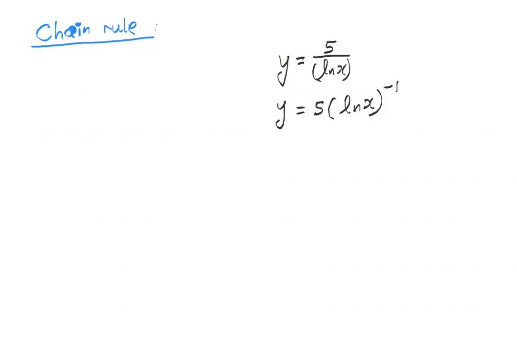It must be a function of this form. A number, when I say a number, I refer to a constant like e, ln 2, all these are constants, multiplied by another function to the power of n.